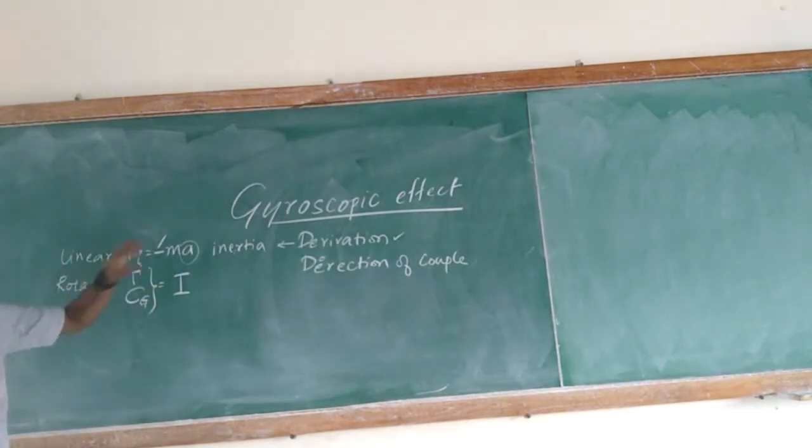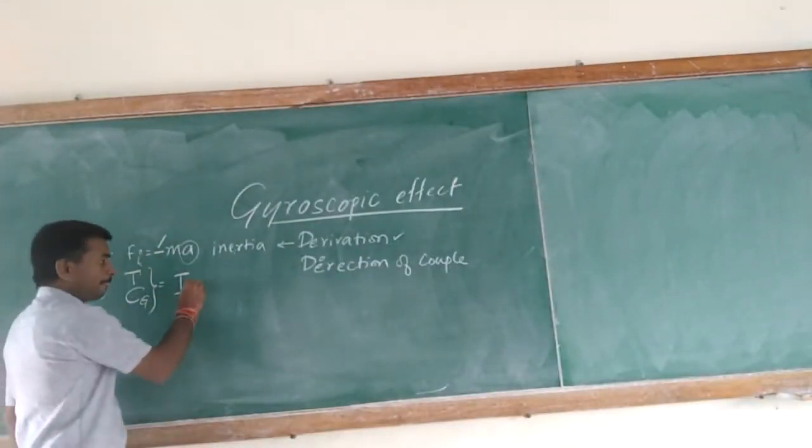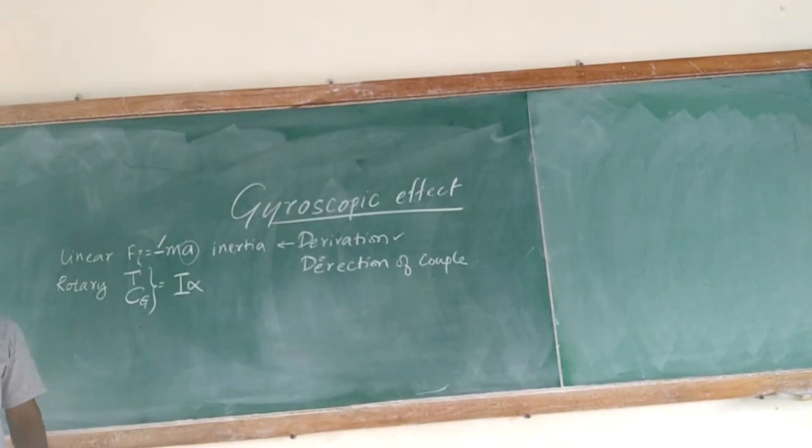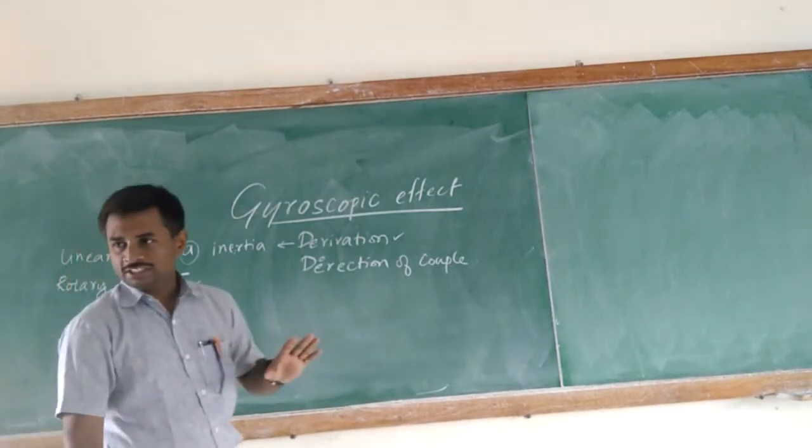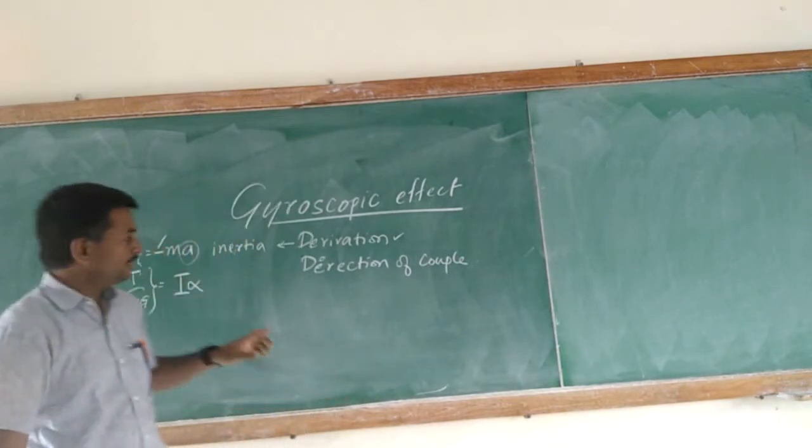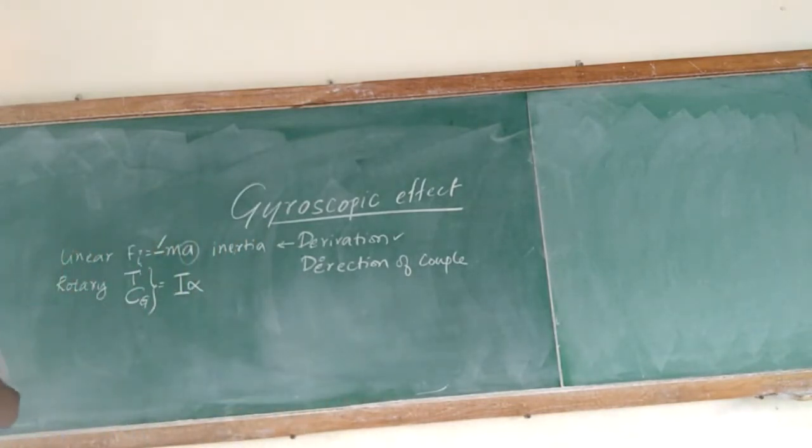Then acceleration. This is linear acceleration. This should be converted to alpha. So this becomes the equation. Fine. Now I for any object is constant. So we have to find alpha.